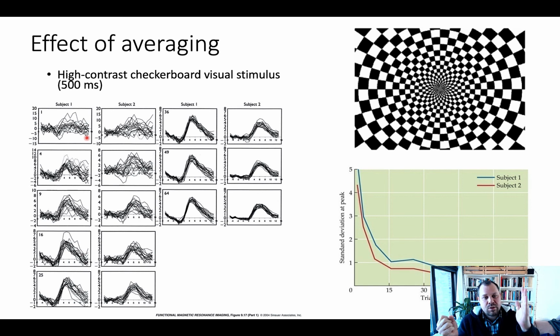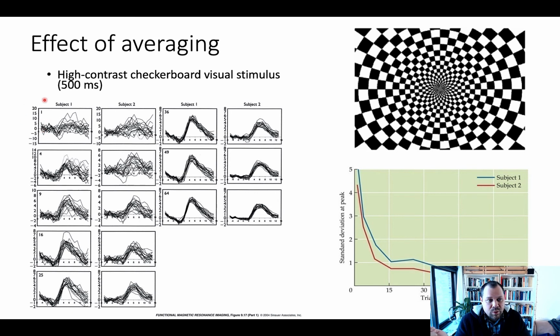Each trial is time locked to the beginning when you start showing this checkerboard until when you stop showing it. Afterwards, this is followed by just a blank screen where the subject can rest a little bit. And then you draw from this and average.